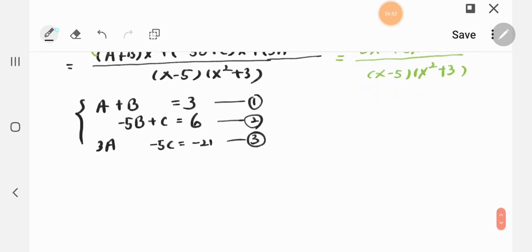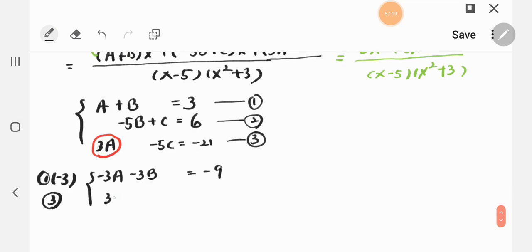All right, then let's get rid of 3a from the third equation using the first equation. So I will multiply the first equation by negative 3 and then add it to the third equation. So negative 3a minus 3b is equal to negative 9, and 3a minus 5c is equal to negative 21.